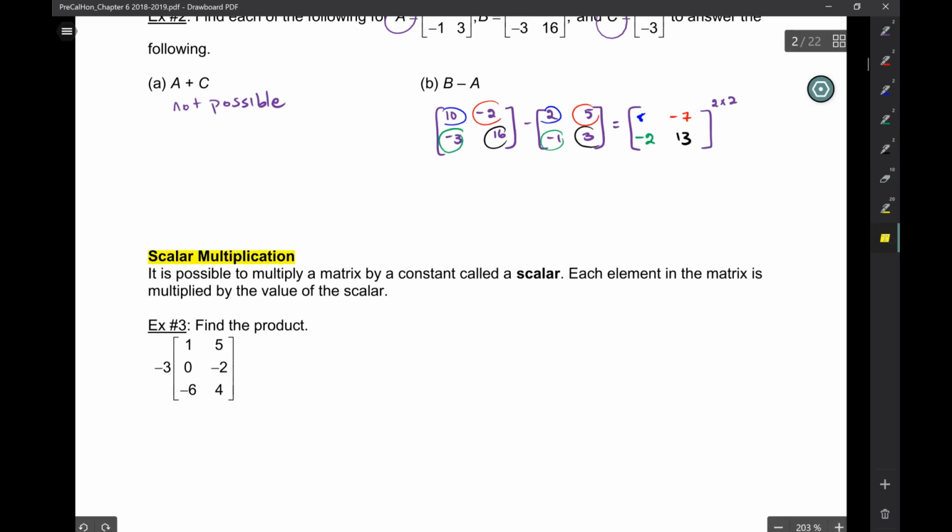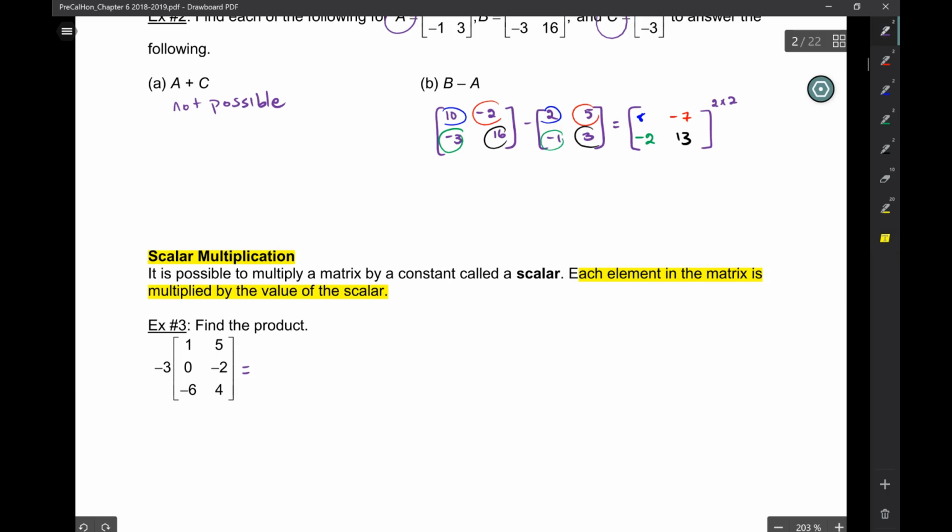So what about a scalar? A scalar in the world of matrices is what we know as regular numbers. Scalar multiplication is when you multiply a matrix by a regular number. All you do is multiply each element by the value of the scalar. Super easy.